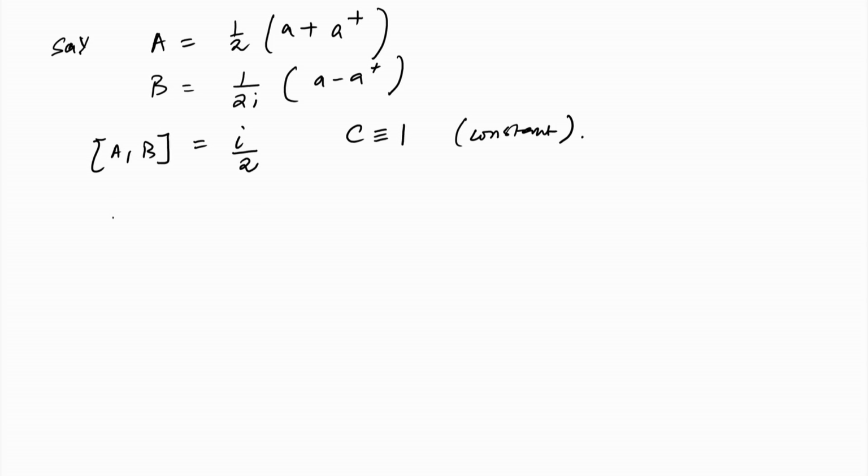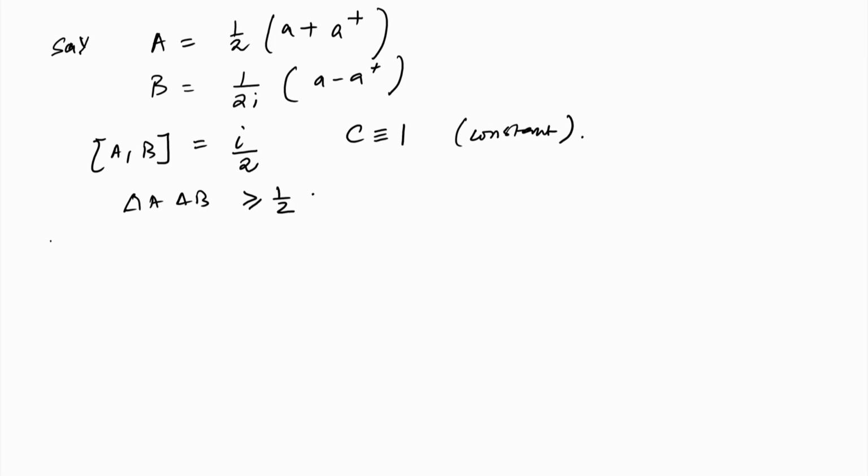So the Heisenberg uncertainty principle takes delta A into delta B greater than or equal to half. Okay, so that is the uncertainty principle.